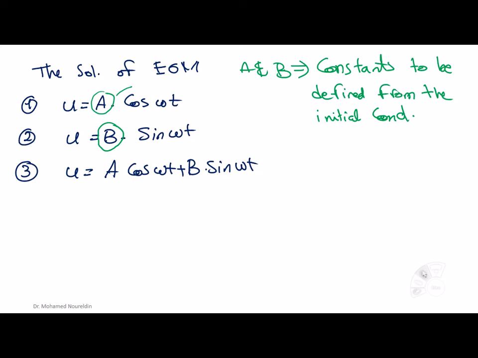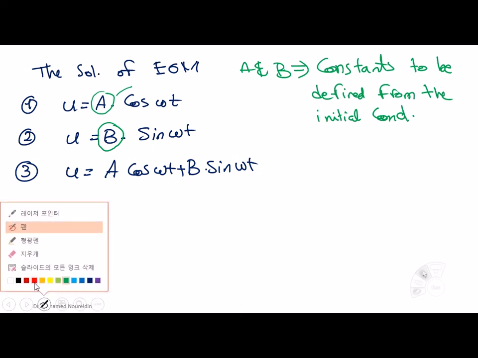It is A cosine omega t plus B sine omega t. The combination of the first and second solution is the third solution. Okay, now let's see how we can solve this using the first equation, which is 1.